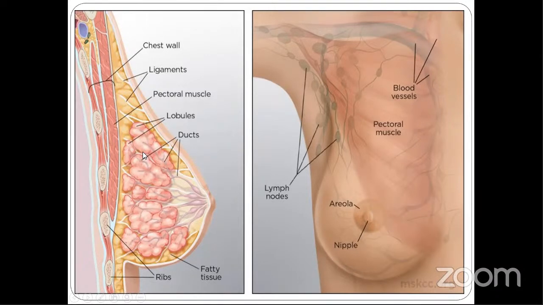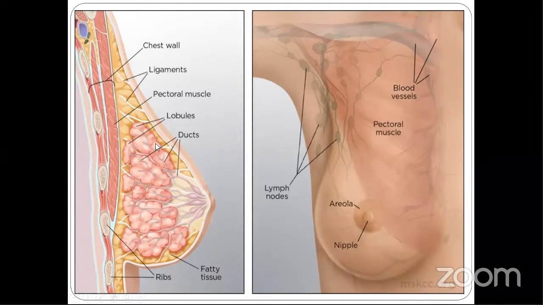These lobules are connected together or separated from each other. As we can see here, lobules 1, 2, 3, 4, 5, and this lobule is separated by fibrous septa from the subcutaneous tissue. Here, as we can see, it's called Cooper ligament or suspensory ligament.